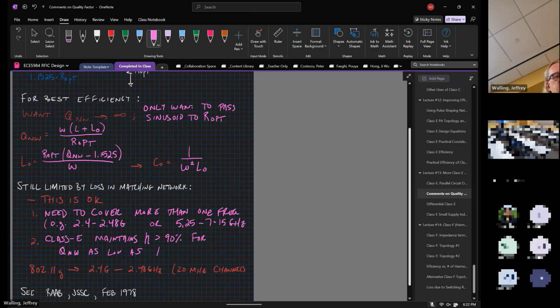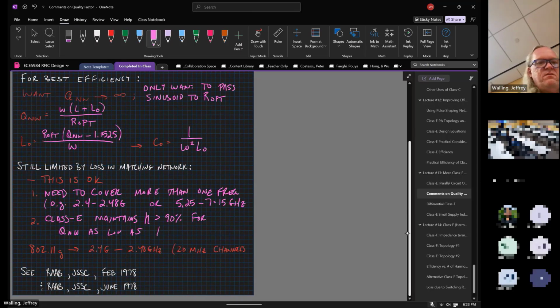So you can have a really wideband circuit and still get good performance across that entire band. I had these two paper references as additional references that talk about the losses and suboptimal class E and things like that. I'll post them to Canvas a little bit later.